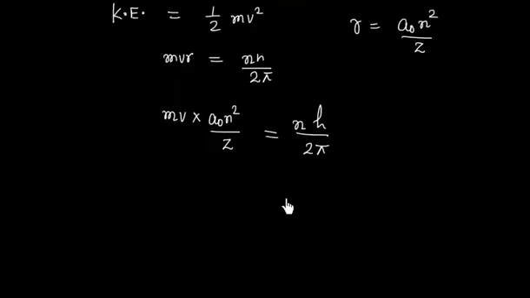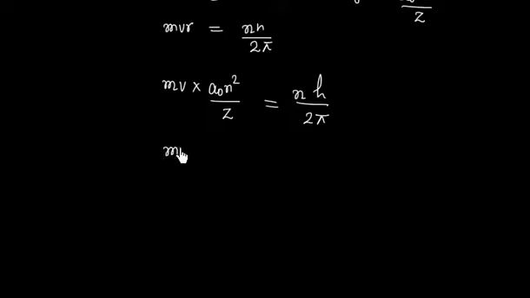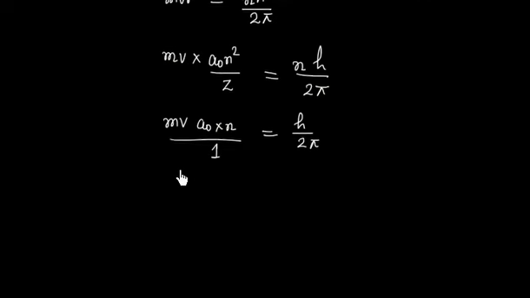If I cancel n, I will have mva naught, and for hydrogen we can plug in z equal to 1. Now 1 and 1 cancel out, so I will have 1 on this side, equal to h by 2 pi. We can also plug in the value of n equal to 2. So mva naught into 2 is equal to h by 2 pi.